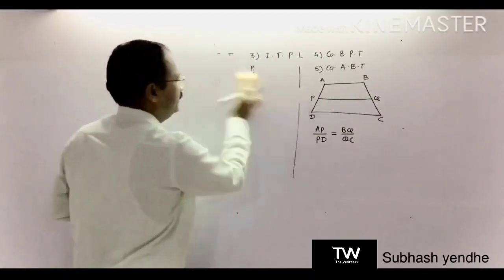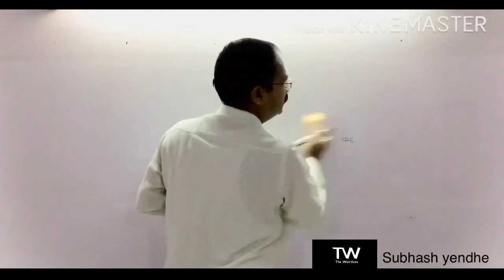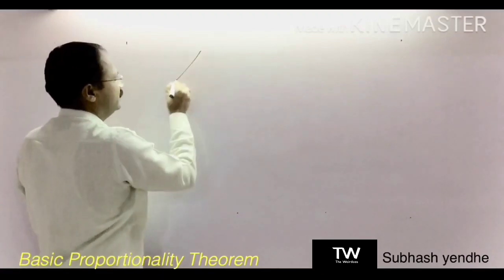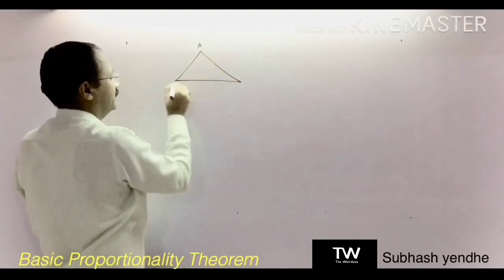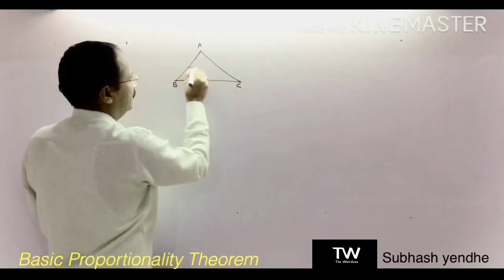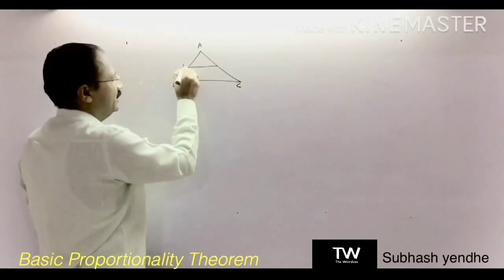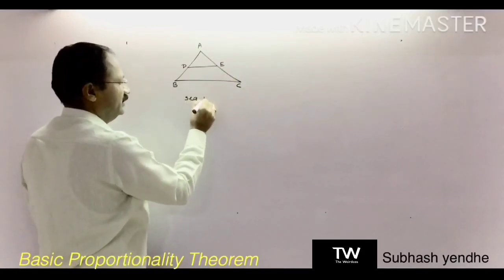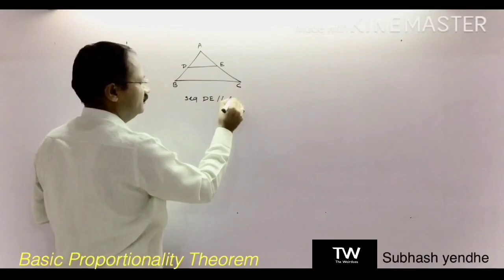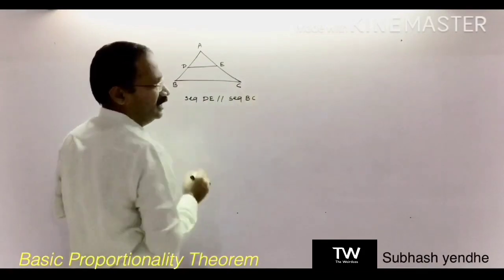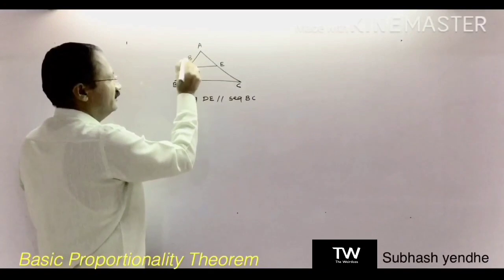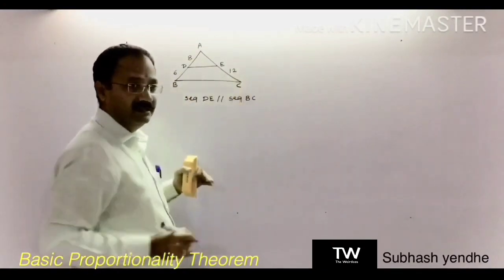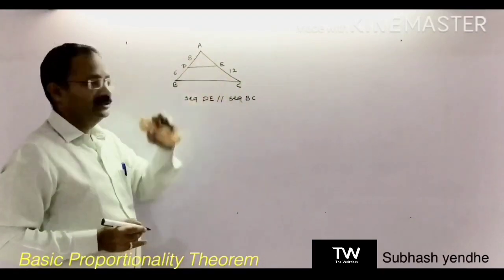We are going to see the first sum which is related to basic proportionality theorem. See in this triangle ABC, segment DE is parallel to segment BC, and the given thing: AD is given 8, BD is given 6, and EC is given 12, and you have to find out AE.